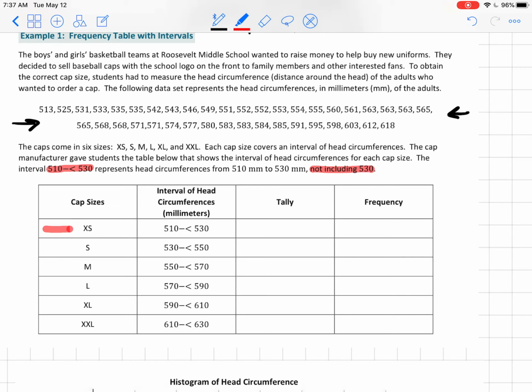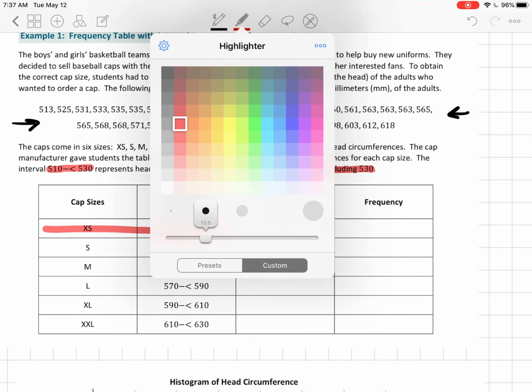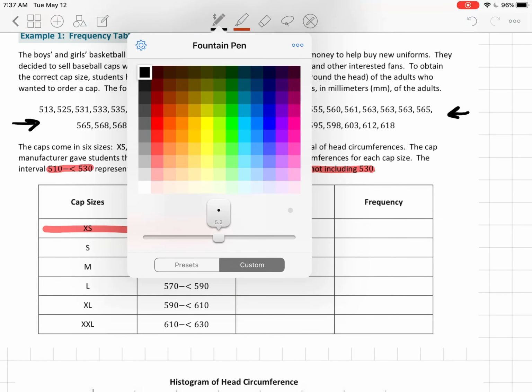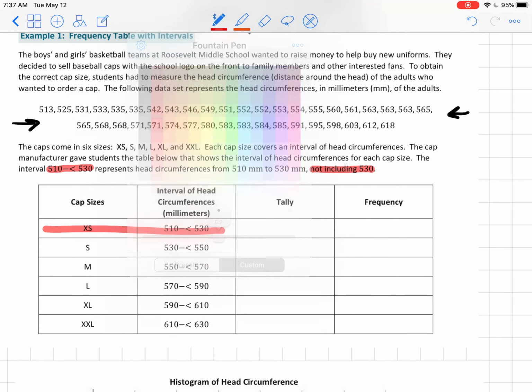So we see in this table, we have our cap sizes: extra small, small, medium, large, extra, extra large. And then we have our interval of head circumferences. So basically what we need to do is we're going to take all of these numbers in this data set and we're going to figure out where they fit in. Okay? For example, 513 is in between 510 and 530.